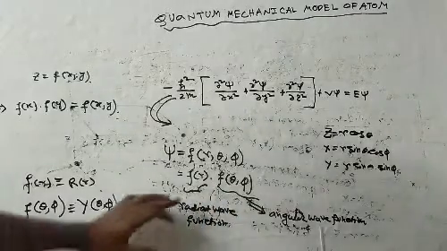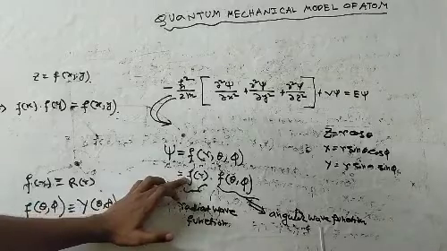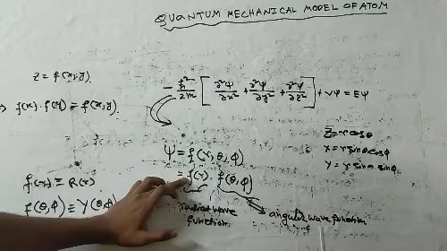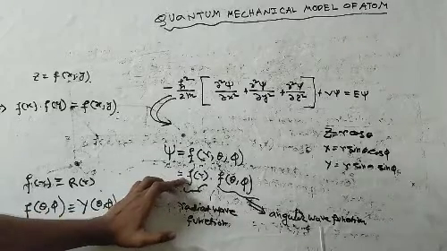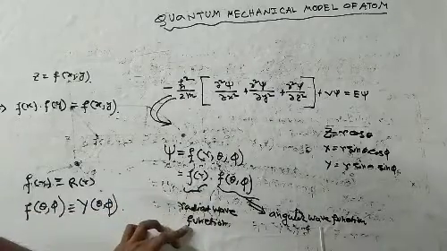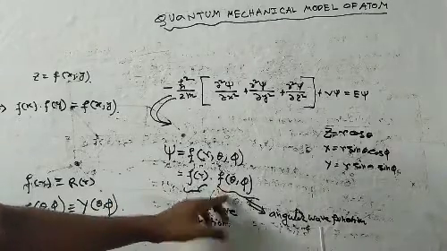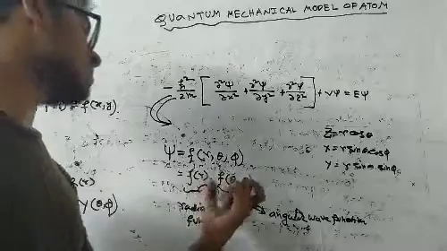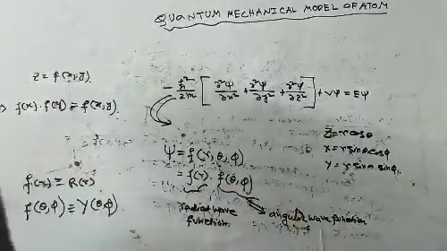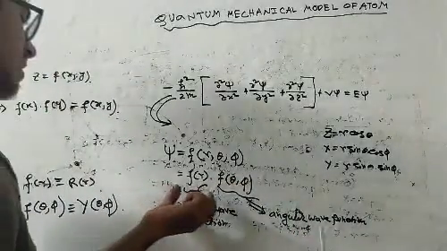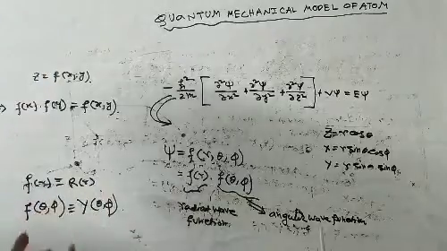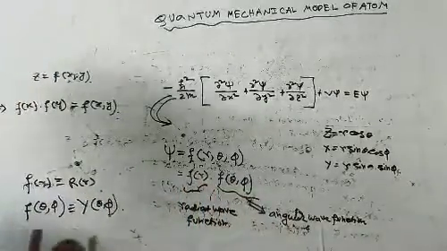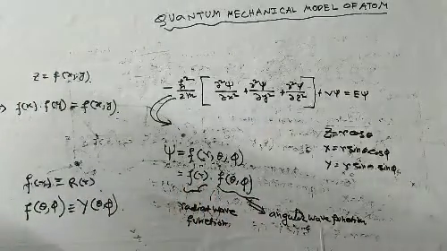As this f of r only depends on the distance between nucleus and electron, this wave function f of r is called the radial wave function, and this part f of theta and phi only depends on angle, so this is called the angular wave function. In the bookish language, f of r is written as R of r, and f of theta and phi is written as Y of theta and phi. Both are the same.